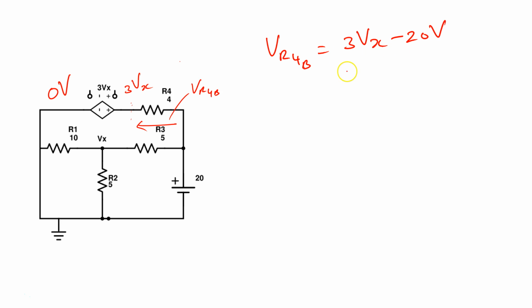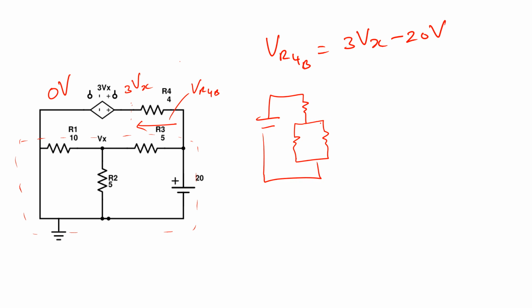So again we have to find Vx. If we look again at this part of the circuit, which is in parallel, we could analyze it separately. We'll see that we have 20 volts and we have a 5 ohm resistor here, and then it splits to a 10 and a 5.